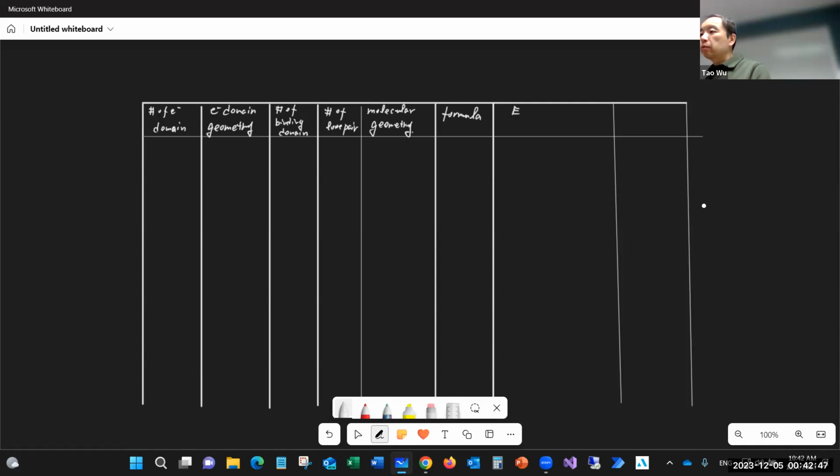And the example. The last one is called the hybridization. I haven't talked about hybridization yet, but we will talk about it later, but we're going to write it down. Hybridization. Okay, so that's it.